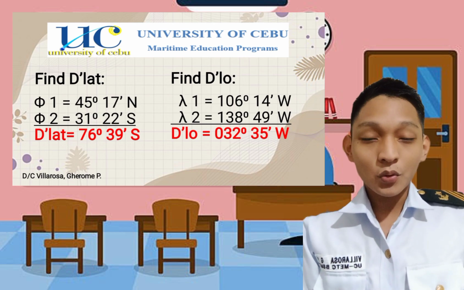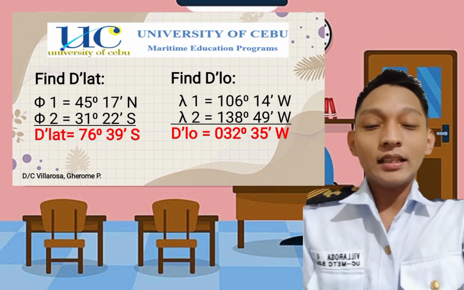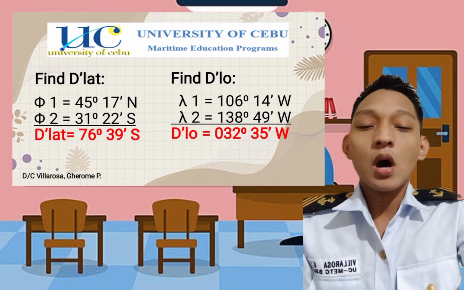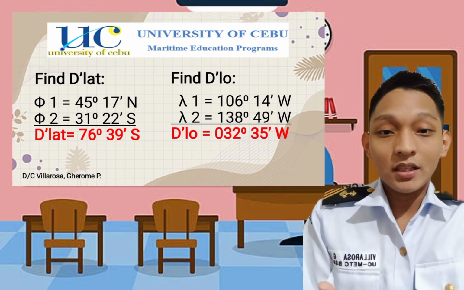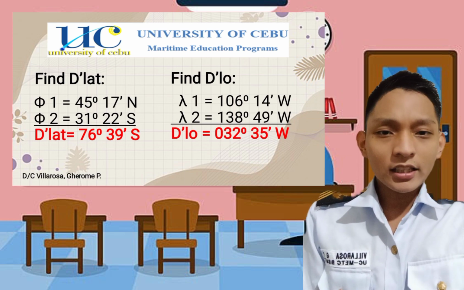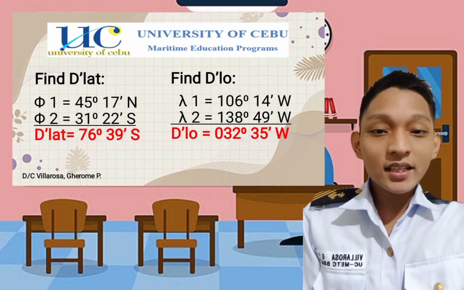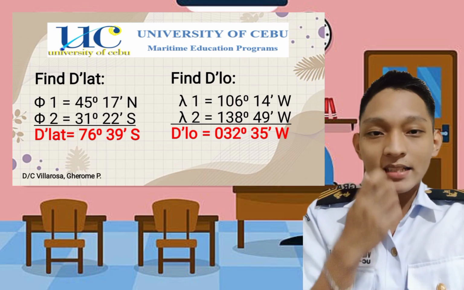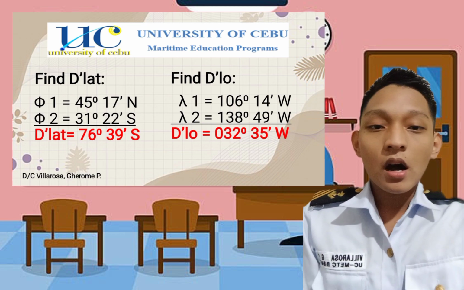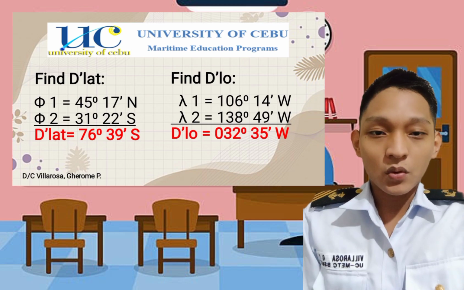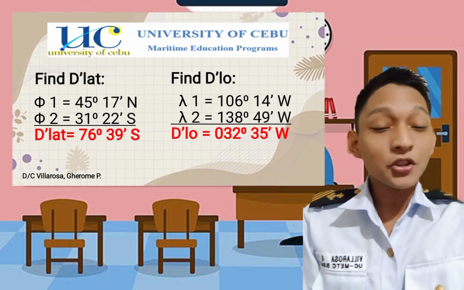So the first thing that we're going to do is to discuss the latitude and how to find it. Our latitude 1 would be 45 degrees 17 minutes north, and our latitude 2 would be 31 degrees 22 minutes south. Since they have different names, north and south, we will add them. So we will get 76 degrees 39 minutes.